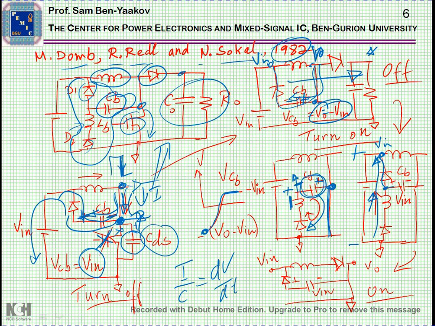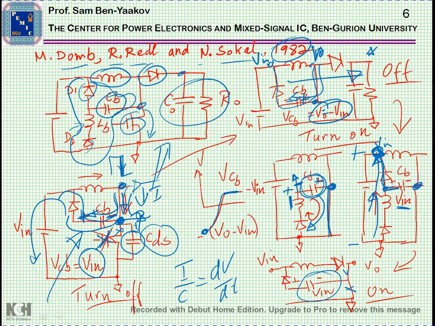Since this is ground, the capacitor is clamped to this point, then the voltage is Vin. So we end up with this situation. This is exactly what we started with. So next time, as the transistor is turned off, we have this current.